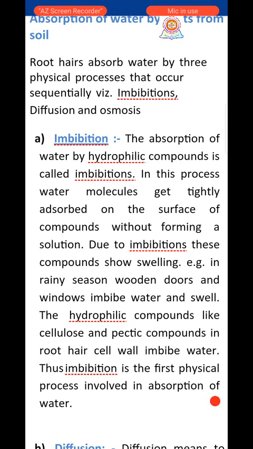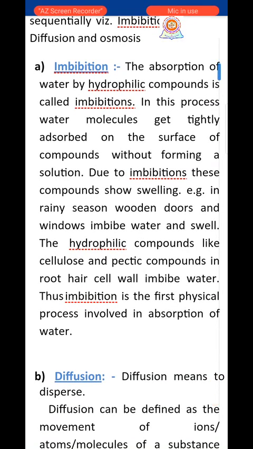In this process, water molecules get tightly absorbed on the surface of the compounds without forming a solution. Due to imbibition, these compounds show swelling. The swelling of the surface occurs because of imbibition.